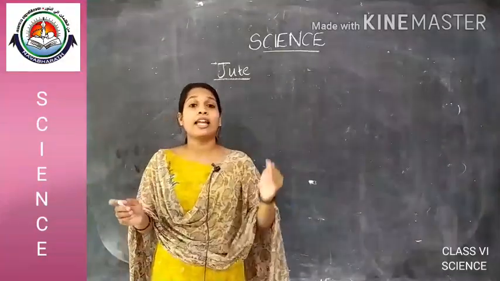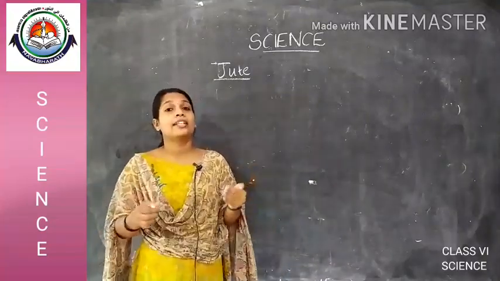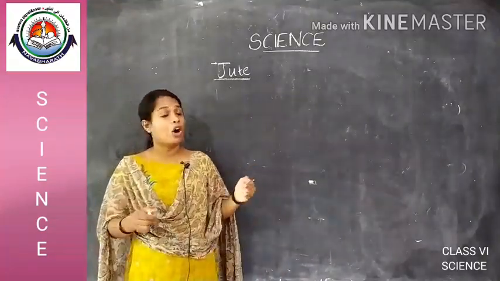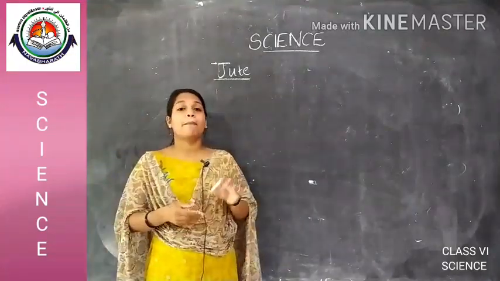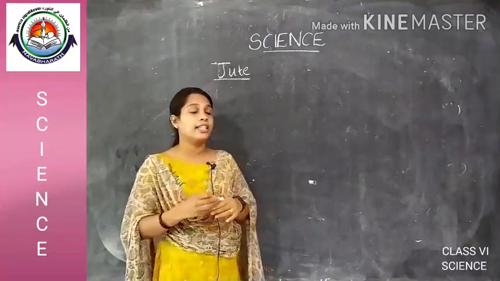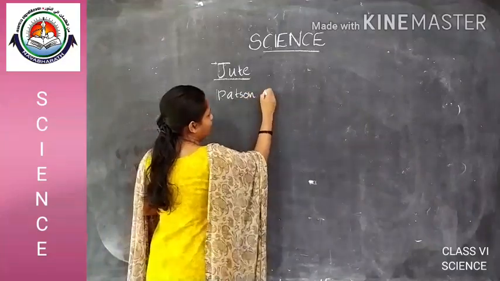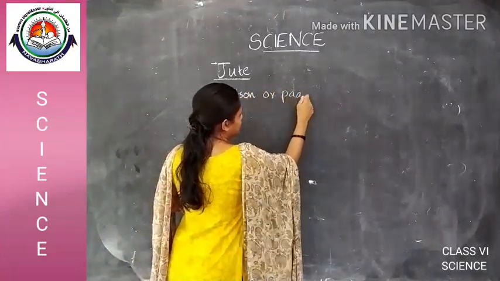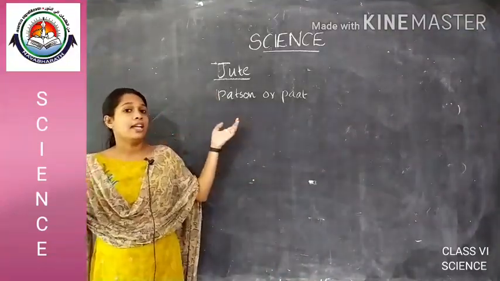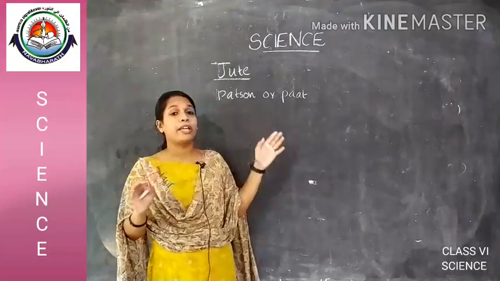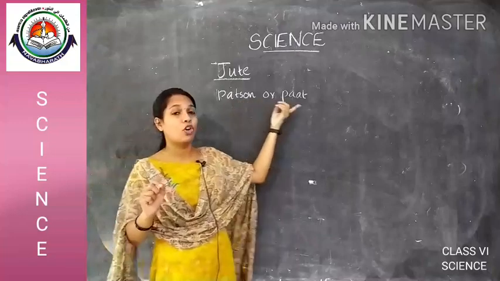Jute is a long, soft, shiny and strong thread that is obtained from the stem of the jute plant. It is also known as patsan or pat in Hindi. So jute is a strong, shiny and long fiber which is obtained from the stems of the jute plant, which is also called patsan or pat.